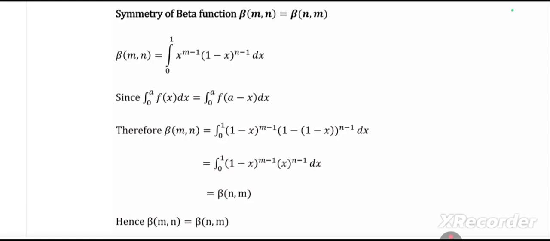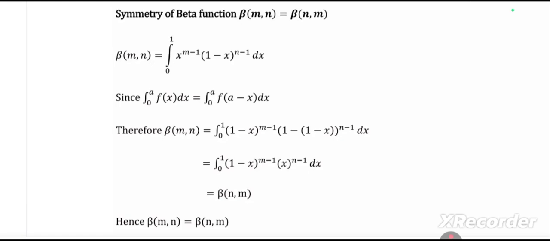That is, we have to subtract from the upper limit. Therefore, beta of m comma n is equal to the integral from 0 to 1. Here the upper limit is 1, so subtract with that value: (1 minus x) whole power m minus 1. Again subtract: 1 minus (1 minus x) whole power n minus 1 into dx.